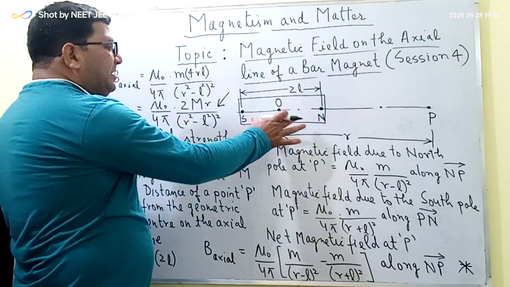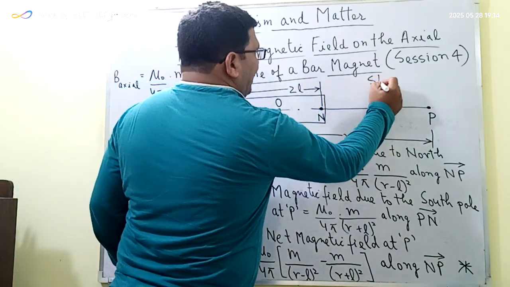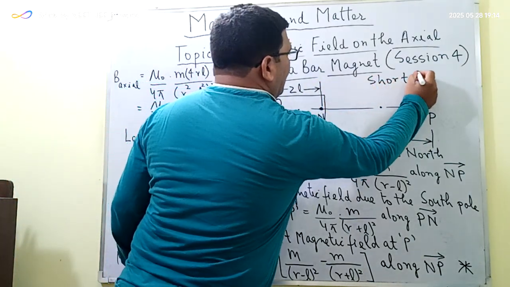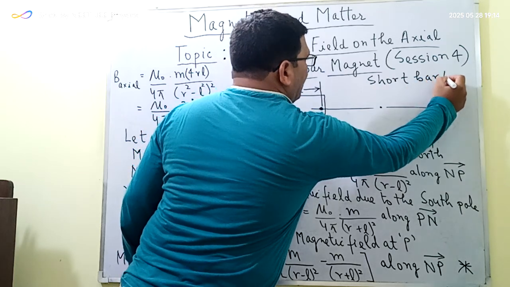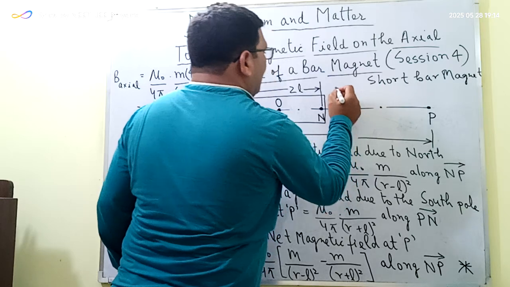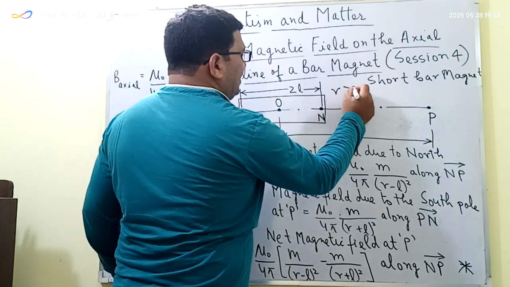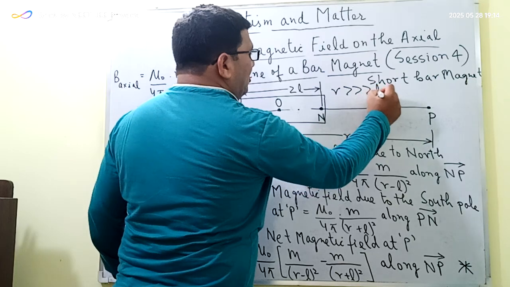Now for a short bar magnet, the value of r is very large in comparison to l.